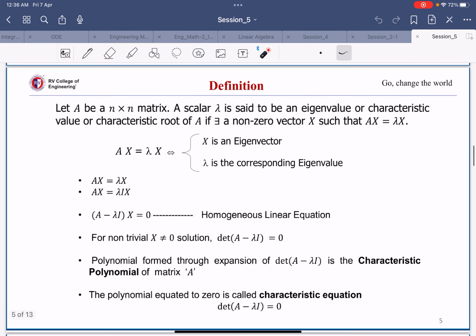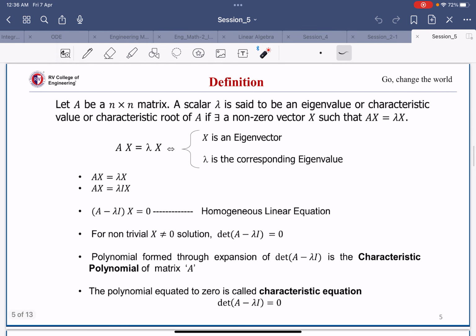Coming to the definition of eigenvalues and eigenvectors. Let A be an n cross n matrix. Eigenvalues and eigenvectors exist only for a square matrix. A scalar lambda, the standard denotation for an eigenvalue, also called the characteristic value or characteristic root of the matrix A, if there exists a non-zero vector x such that Ax is equal to lambda x.